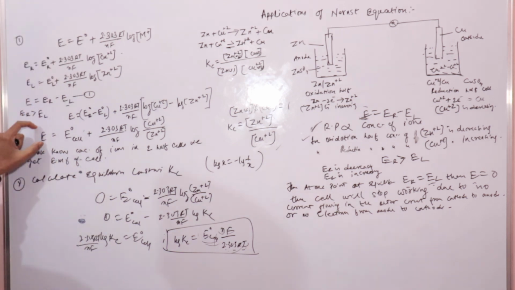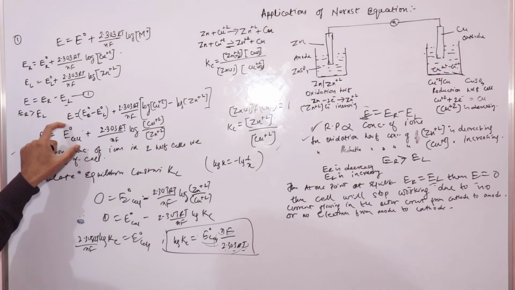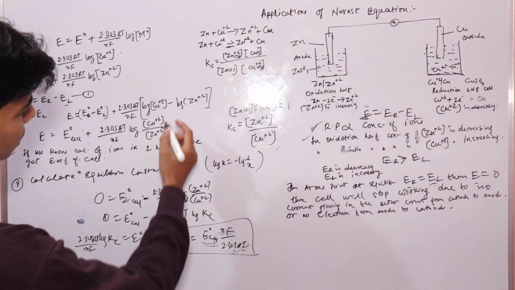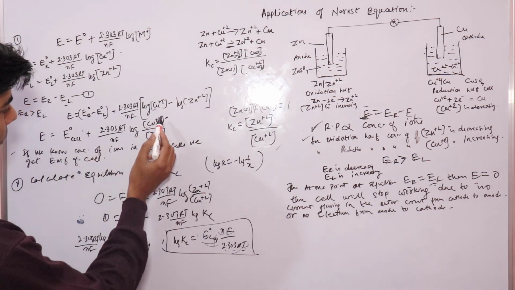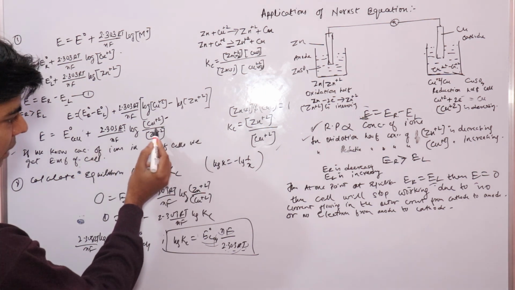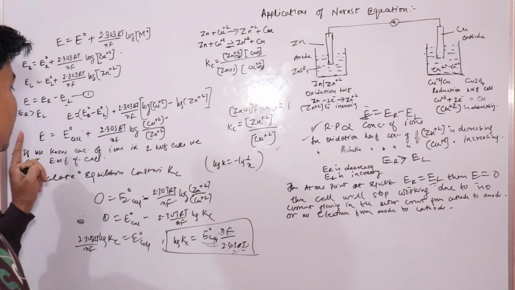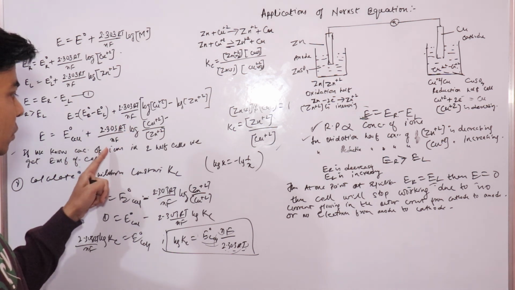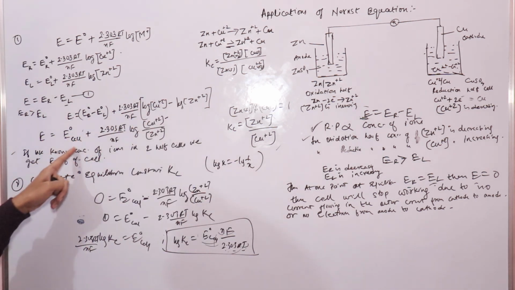So here you can put the value of EMF of the cell, and you know the standard EMF from the electrochemical series, standard reduction potential, right? And you know these copper ions, and you want to find these zinc ions. So you can calculate the concentration of zinc ions if you know copper ions and your EMF. All of these are constant, N is the number of electrons involved, right? And this you can take from the electrochemical series, right?